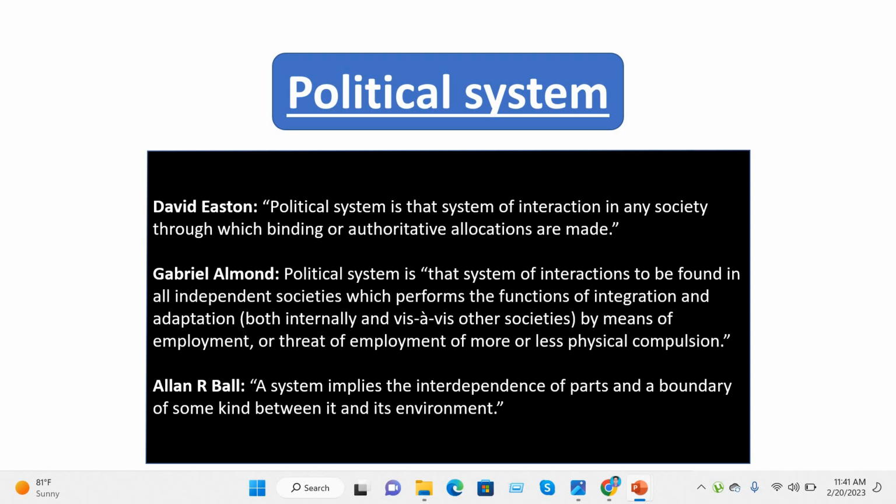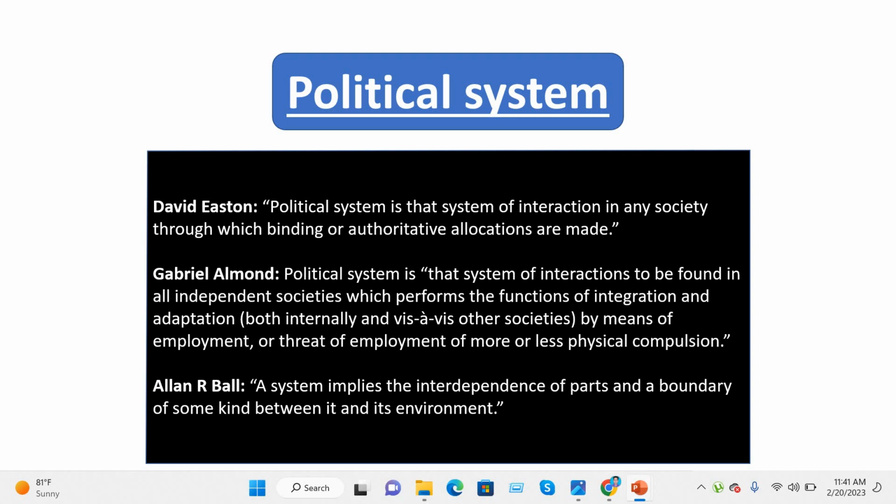On the other hand, Gabriel Almond also says a political system is that system of interactions to be found in all independent societies, which perform the function of interaction and adaptation, both internally and vis-a-vis other societies, by means of employment or threat of employment of more or less physical compulsion.